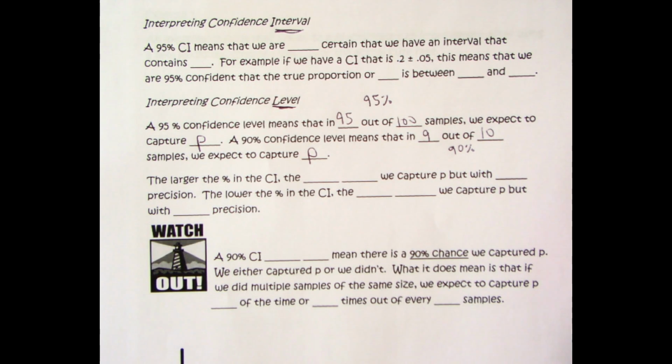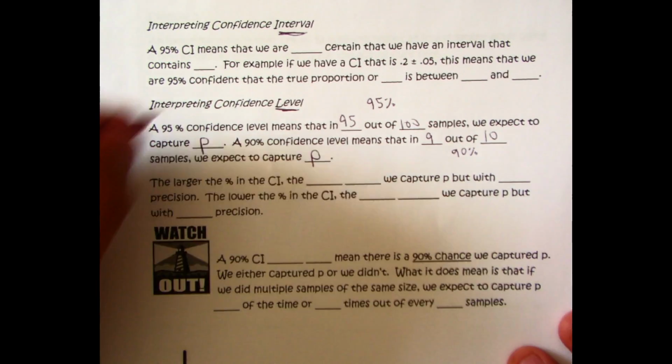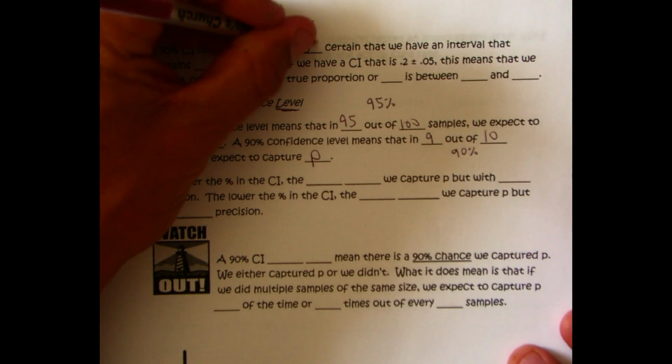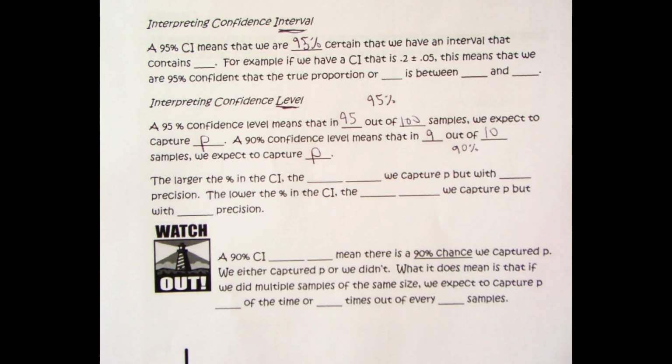Now, the interpretation of the interval itself. A 95% confidence interval means that we are 95% certain. That is not a probability. We're quantifying our certainty. It doesn't mean there's a 95% chance that p is in the interval.